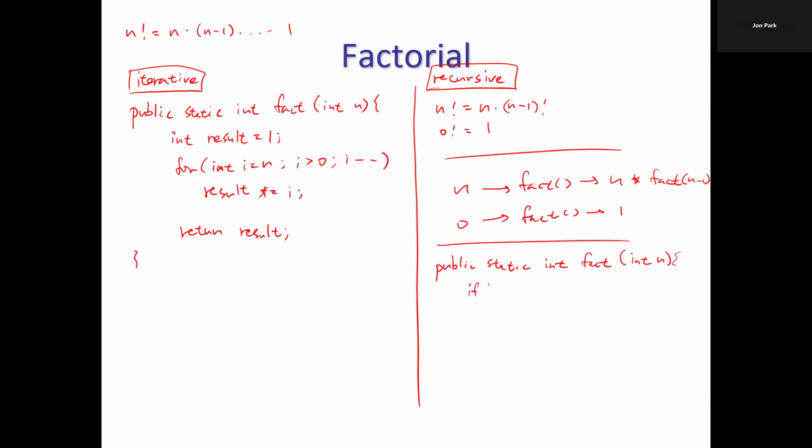And what's the condition we're checking for? Great. So if n is 0, that's the first case, you return 1. If I can spell return correctly. Otherwise, you return n times factorial, or fact, of n minus 1.